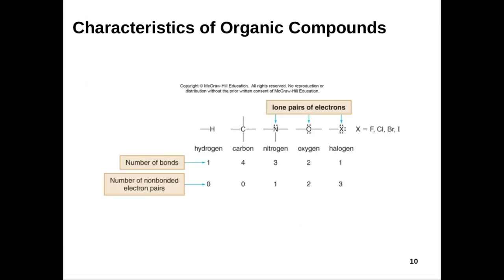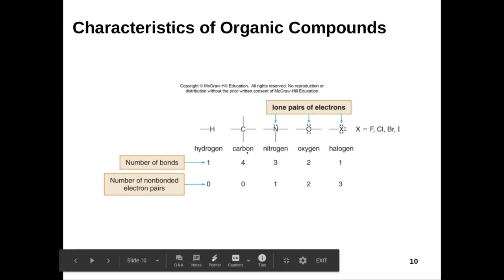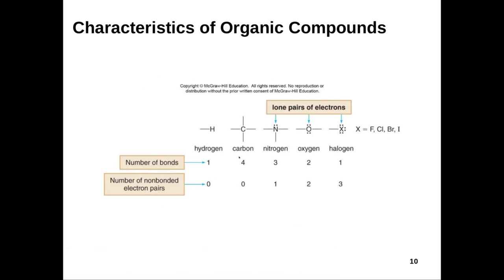It's the number of bonds plus the number of lone pairs should equal 4. So let's take a peek at these common additives to organic compounds. So we have hydrogen, which we know forms one bond and has no lone pairs of electrons. Carbon, our friend, 4 bonds, no lone pairs of electrons. Our friend nitrogen here likes to form 3 bonds, and there's typically 1 lone pair.